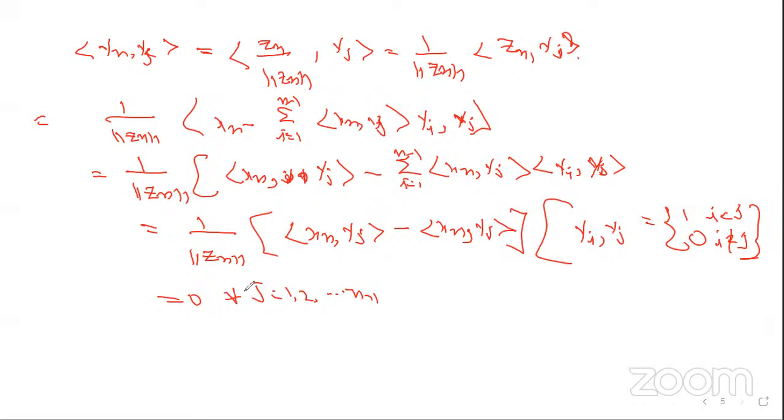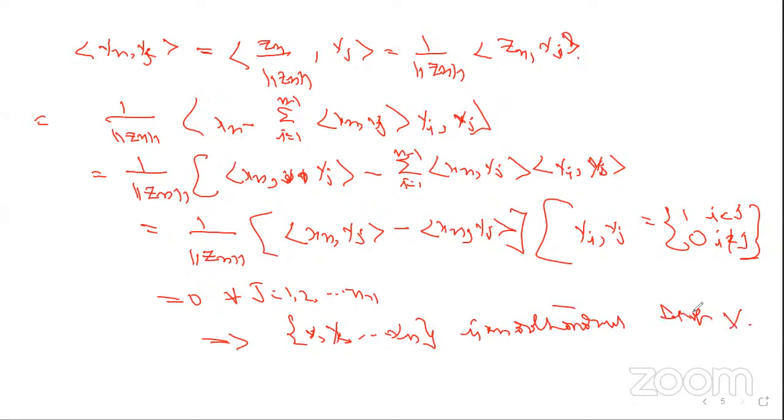So this implies that y1, y2, etc., yn is an orthonormal set of vectors.